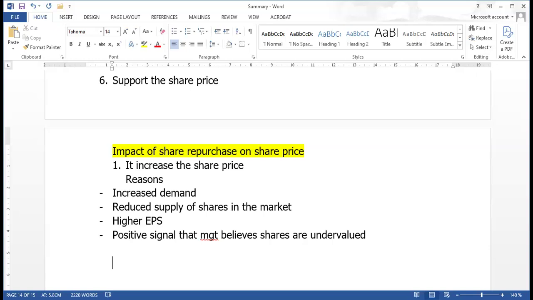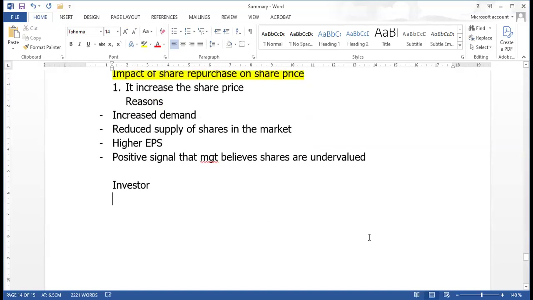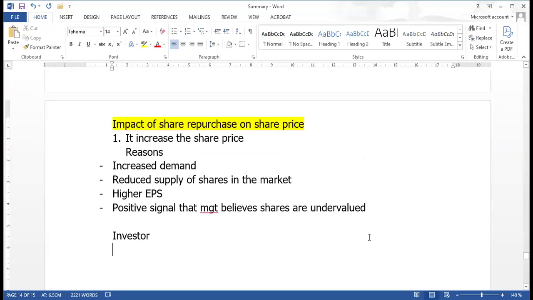Because you as an investor need to think about these things. Yes, these guys are buying back shares, but what mode are they using to buy? Are they using debt, or are they using the excess surplus, the excess profit? You as an investor, you are really focusing on this.